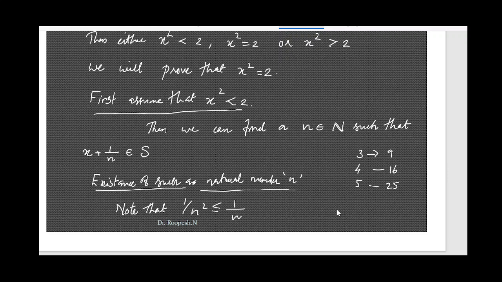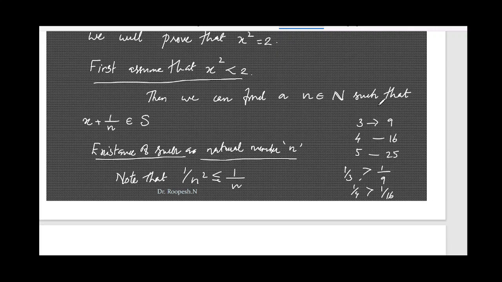Now you take 1 by 3 and 1 by 9, which is greater? Of course, 1 by 3, right? Now 1 by 4 and 1 by 16. Again, 1 by 4 is greater. So when n is equal to 1 you will get 1, so I am putting the equality here. So 1 by n square is always less than or equal to 1 by n.